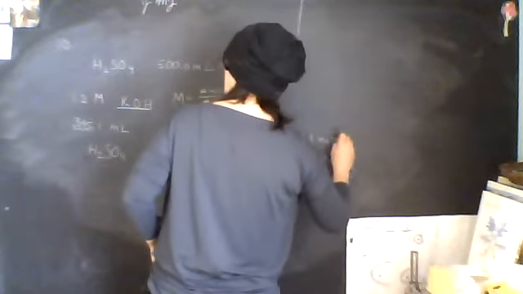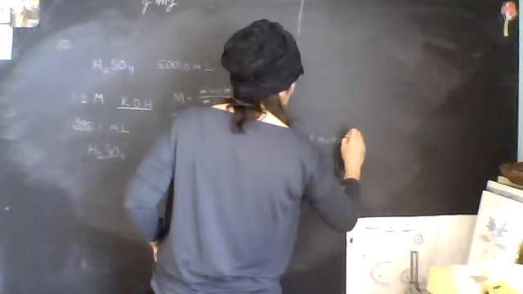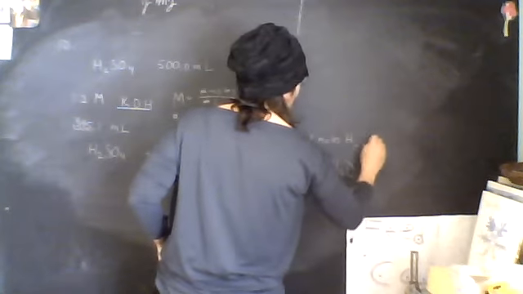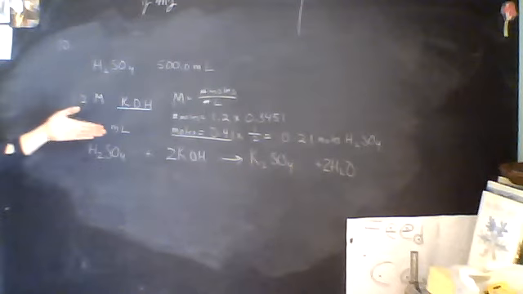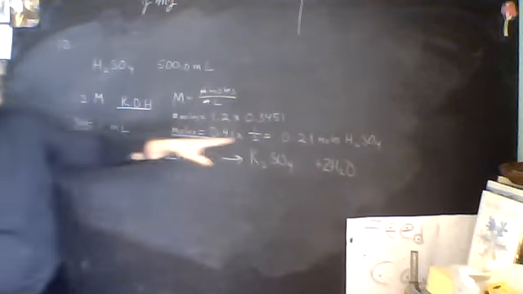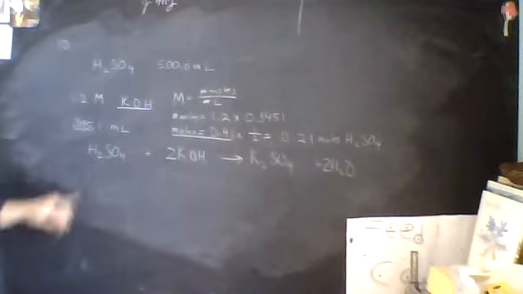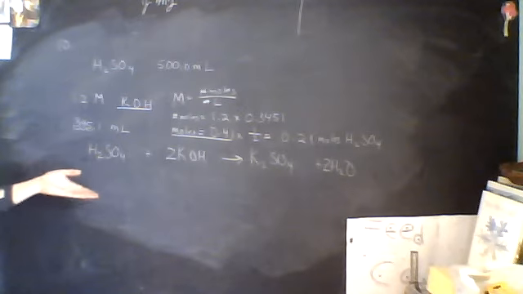So it's 0.21 moles of H2SO4, right? Yes. Okay. So for every 0.41 moles of KOH I use, 0.21 moles of H2SO4. I use half the amount.